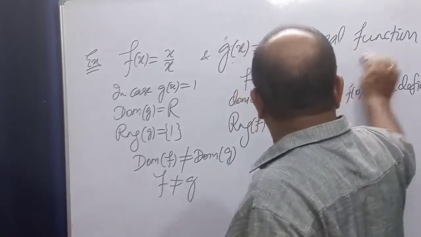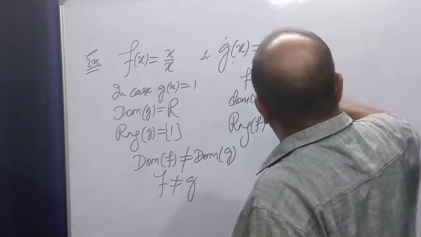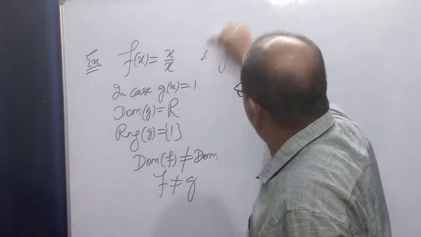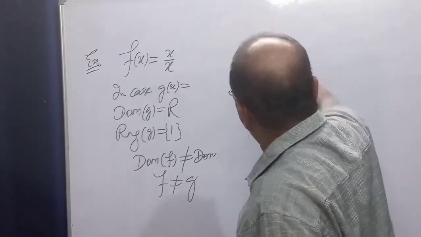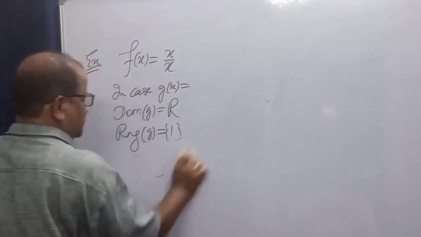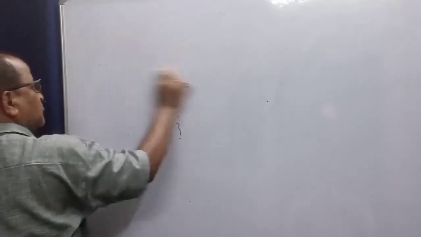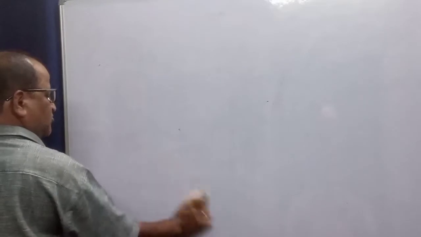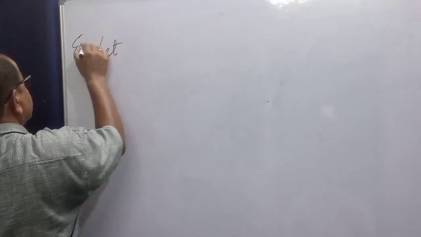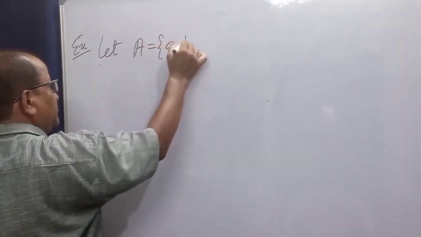Okay. Now let us see, we will take a set and theoretically see two functions made on it, whether they are equal or not. Let us see another example. Let a set A be equal to simply {a, b, c}.